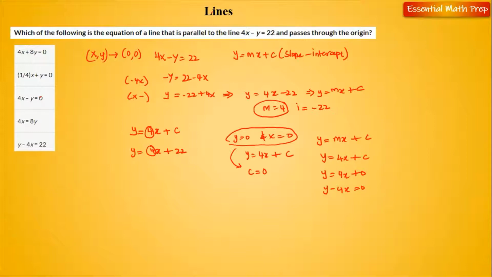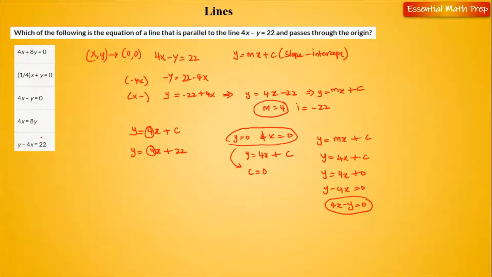Our 4x minus y is the same, right? 4x minus y is also equal to 0, right? You can do that, you can multiply by negative. That means 4x minus y is also equal to 0.